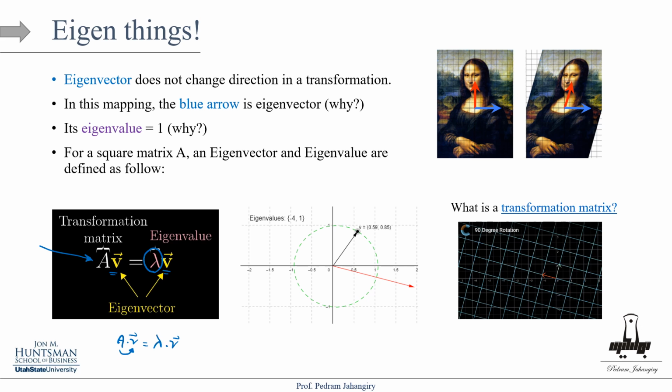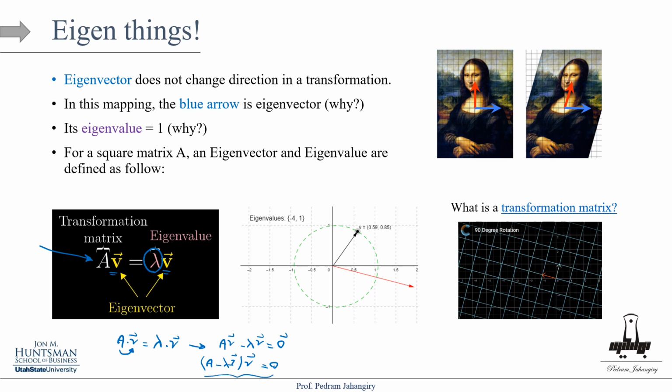So that's it, right? So now we have an equation. We need to make sure that that's satisfied. So let's go ahead and use some matrix algebra. Let's solve for lambda and v, right? So Av minus lambda v is equal to 0. This is a vector. And then I need to factor the vector v. So it's going to be (A minus lambda I), because lambda is a scalar, we have to put an identity matrix here, multiplied by v, is equal to 0.